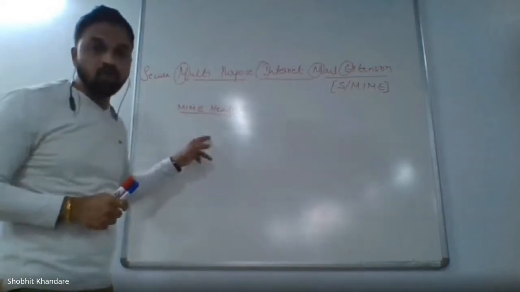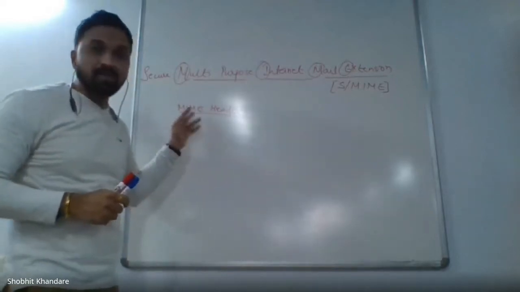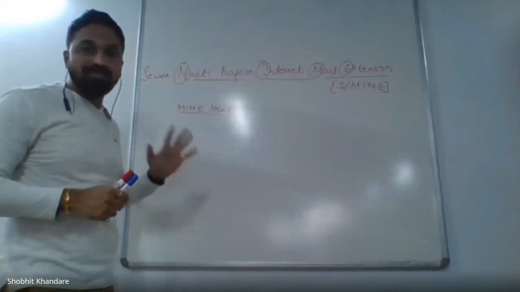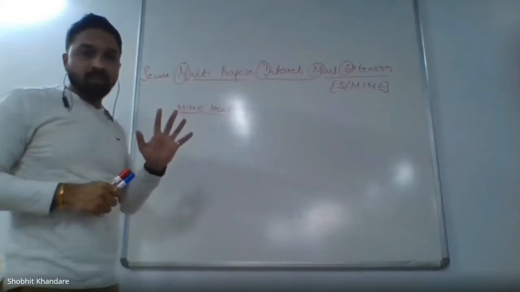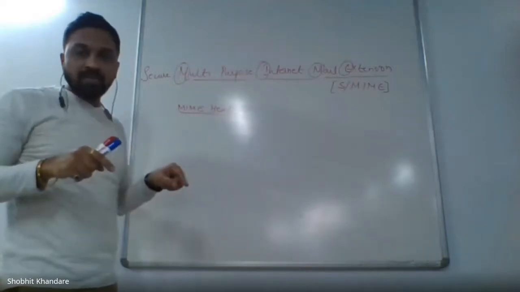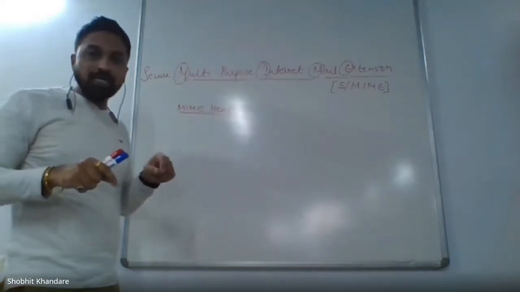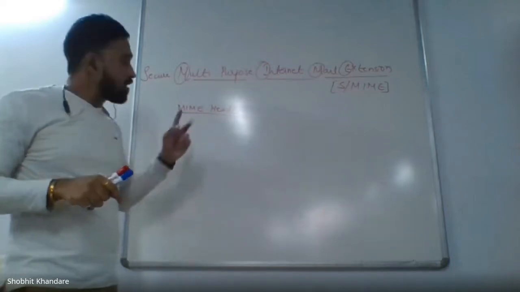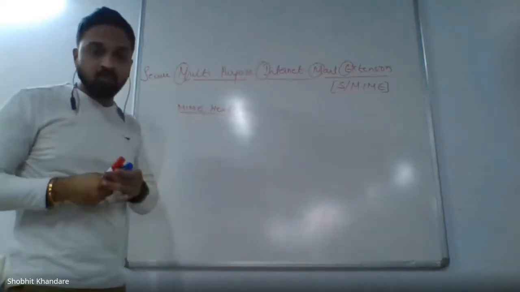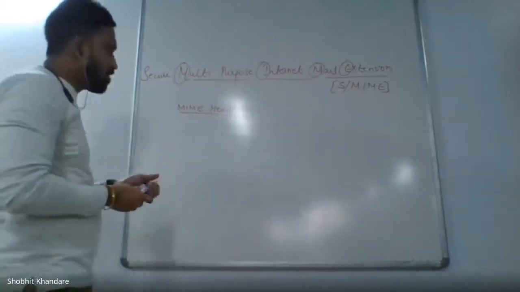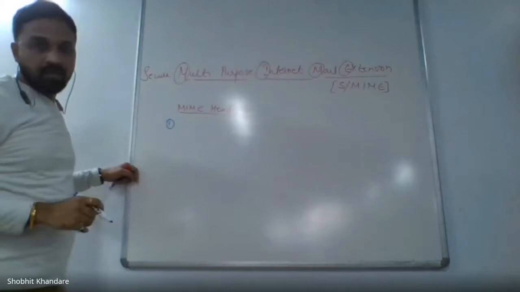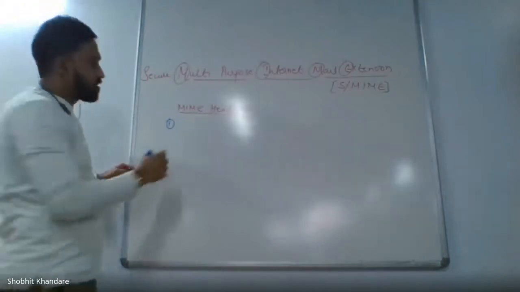So we should know which are the parameters under the MIME header. In total there are 5 parameters, and this MIME header is attached or added to the original email header section. And which are the 5 components of the MIME header? Number one, write down: MIME version.